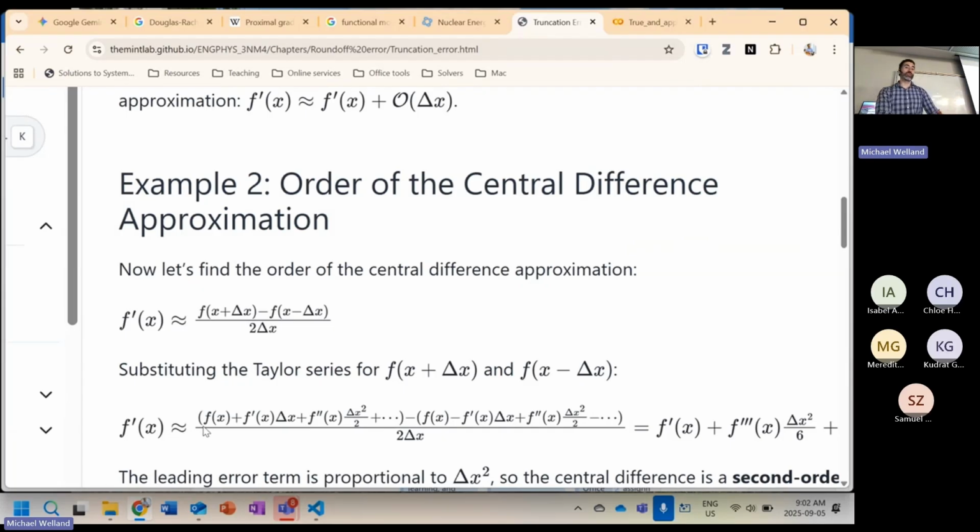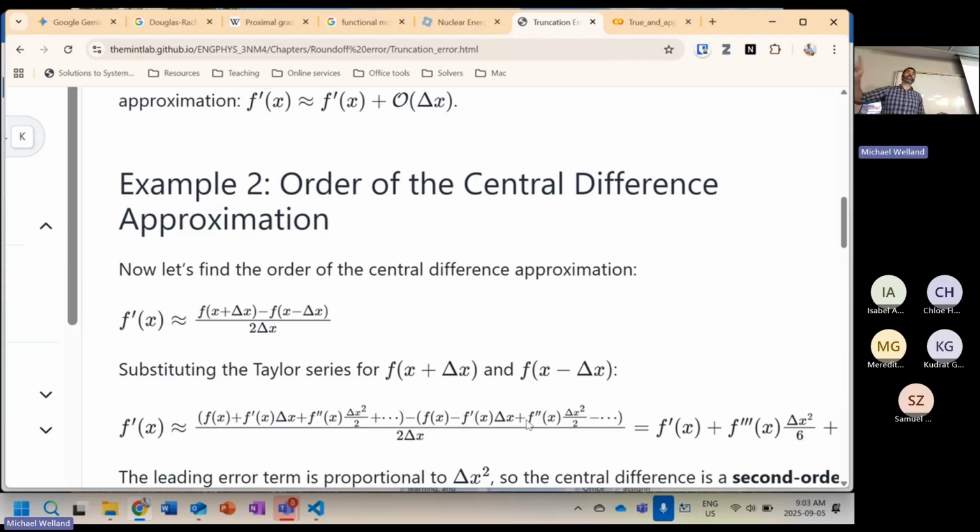Okay, so what you do, this part here is the forward part. You've got f of x plus f primed of x delta x, right? Plus f primed of x delta x squared. And you're gonna average that. So you're gonna take that, put it together with the backward equivalent, negative f prime delta x.